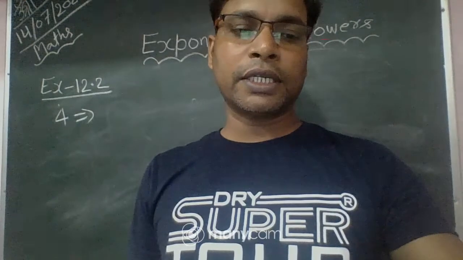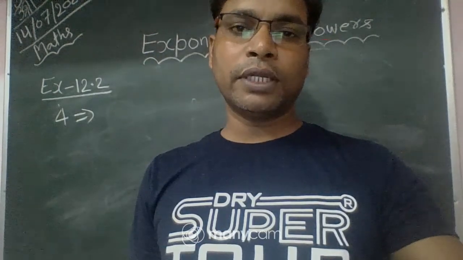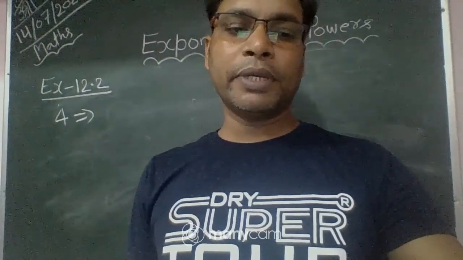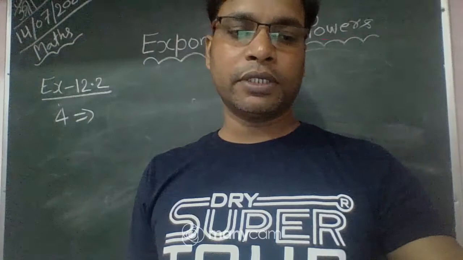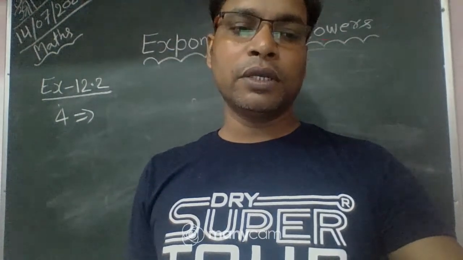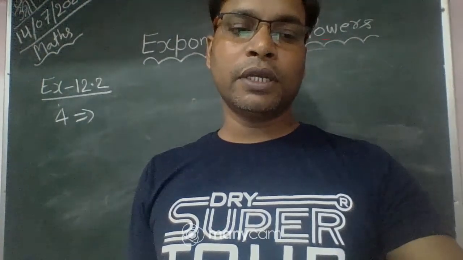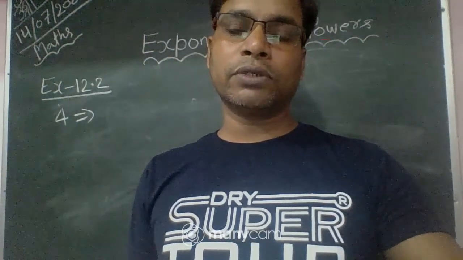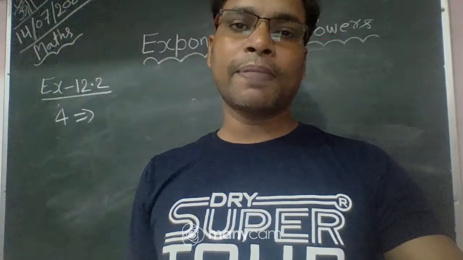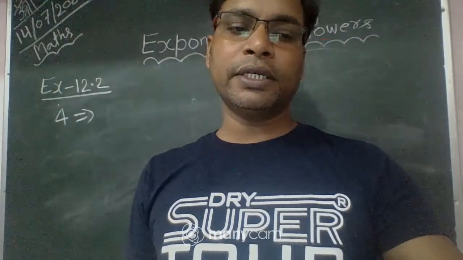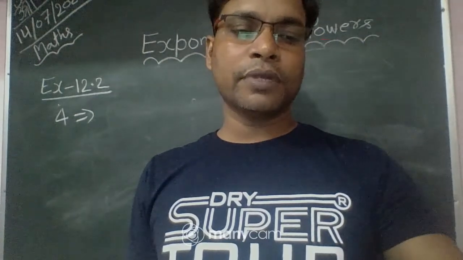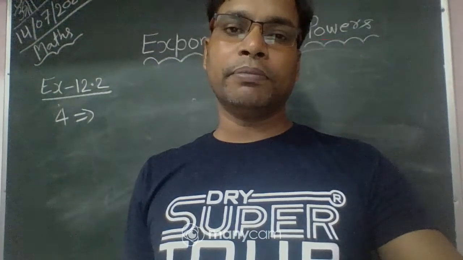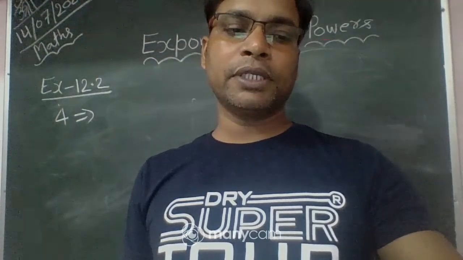The thickness of one book is 20 millimeters, and the thickness of one paper is 0.016 millimeters. So the number of books is 5. So the total thickness of 5 books is 20 into 5, because the thickness of one book is 20, which is 100 millimeters.